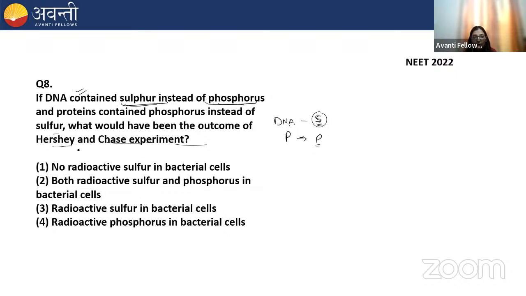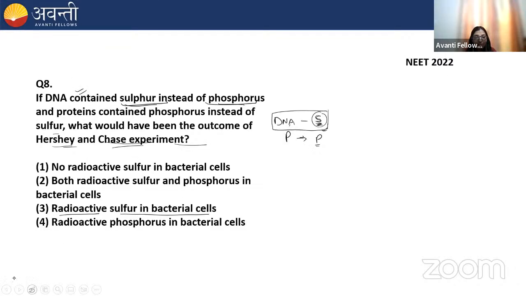Then what would be the outcome of the Hershey and Chase experiment? If the DNA is containing the sulfur, that means it is radioactive. We will observe the radioactive sulfur in the bacterial cell. Yes, very good, Shishni. I hope it is clear now. Please read the question carefully.